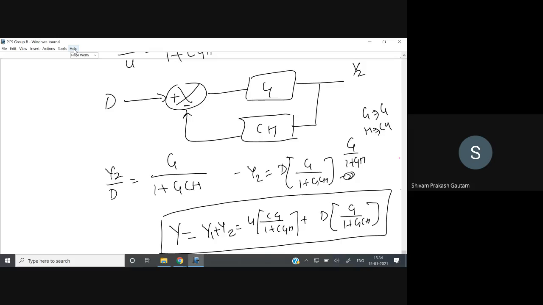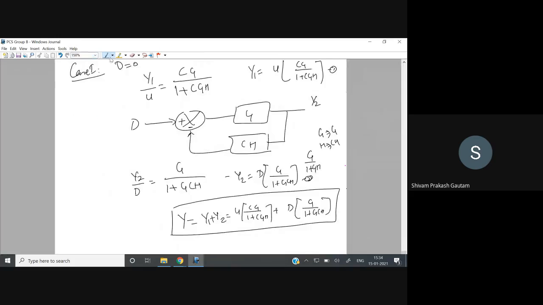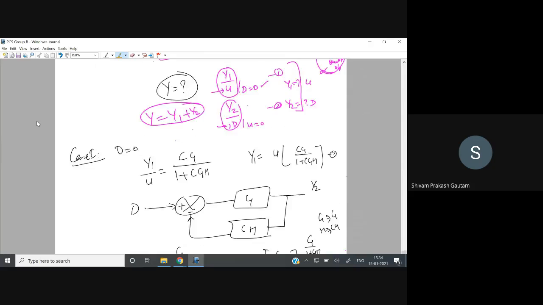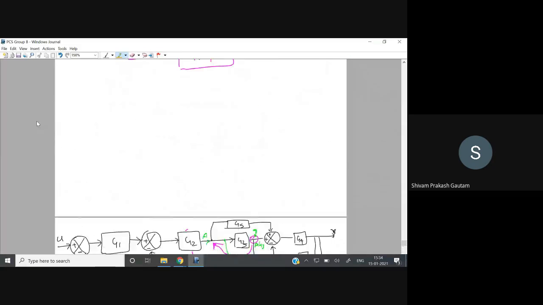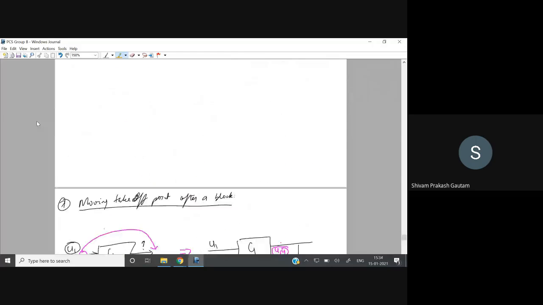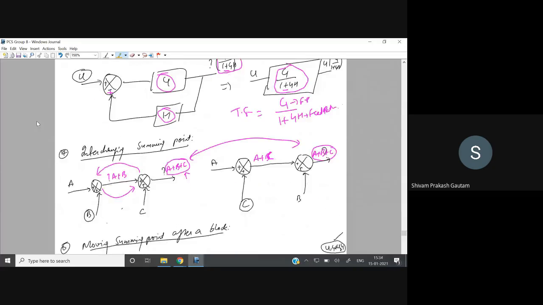Okay, let me rewind what we have seen in today's class, both morning as well as afternoon. We started with the block diagram reduction technique.